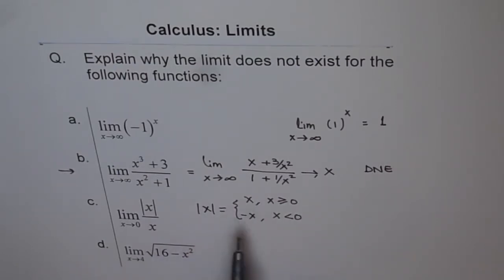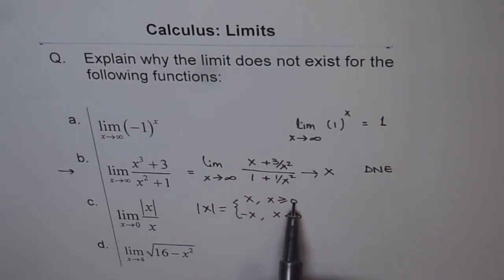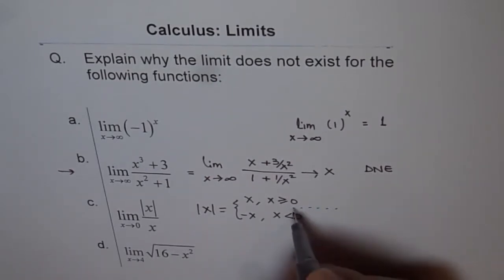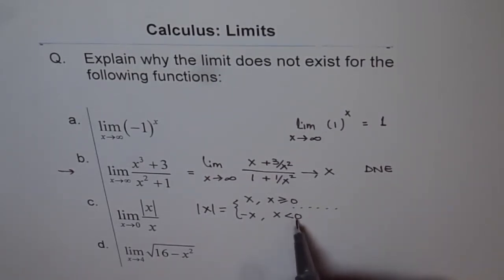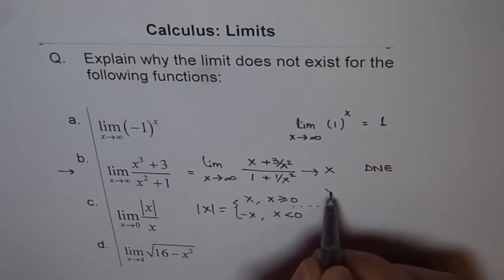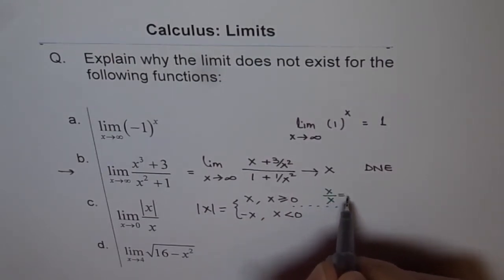Now, that means that on the right side of, let me write down, think like this. We are trying to check the limit on both sides of 0. On the right side of x, this limit becomes x over x, correct? Which is 1.